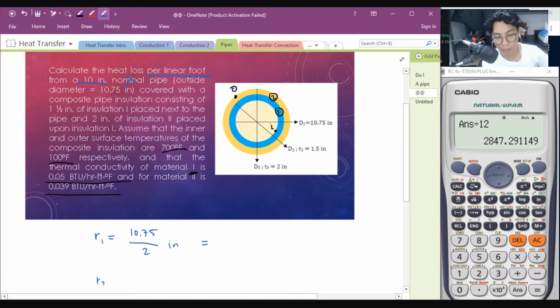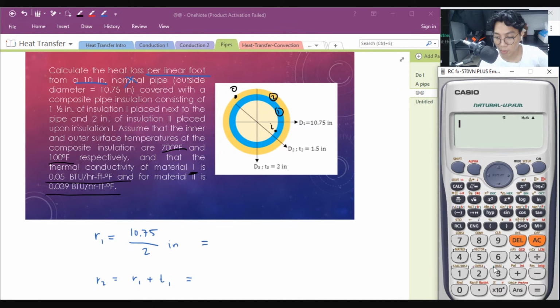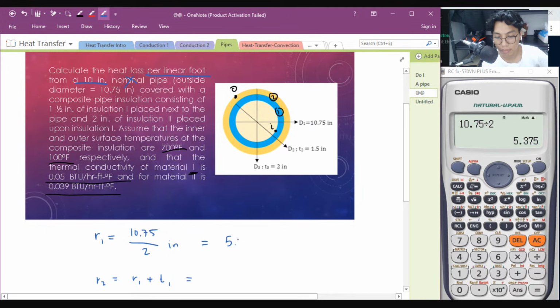R2, isn't that R1 plus the thickness of insulation 1? What is our R1 there? 10.75 divided by 2. That is 5.375 inches. That's R1. How about R2?